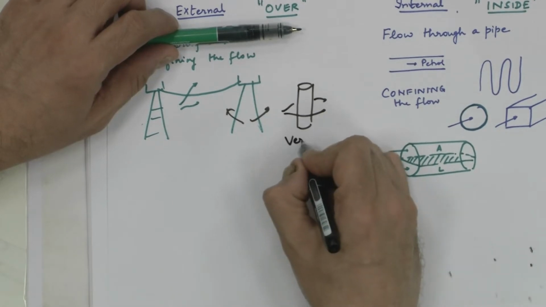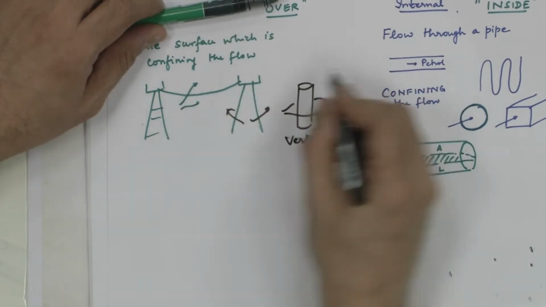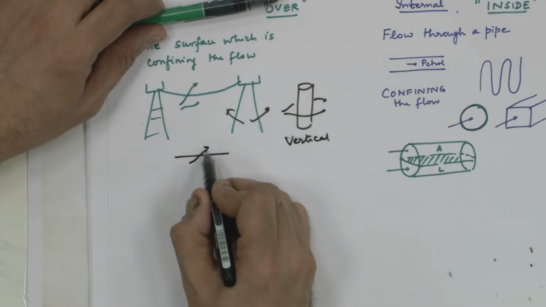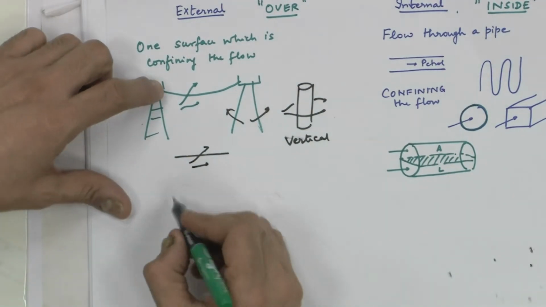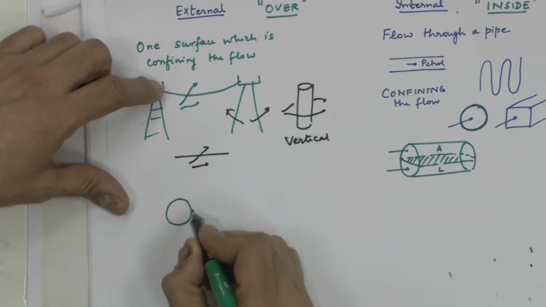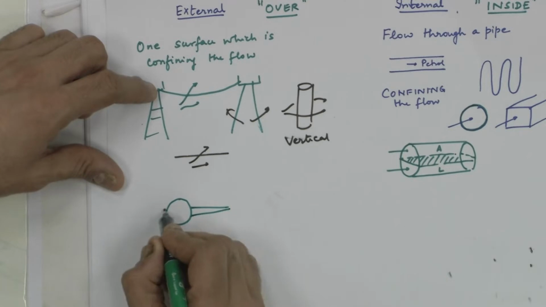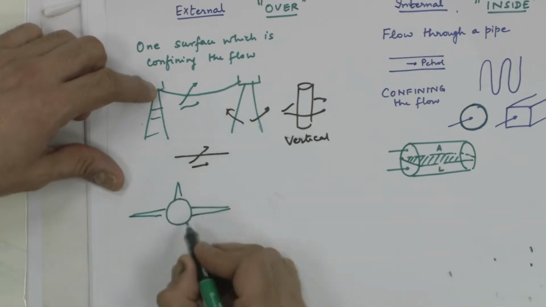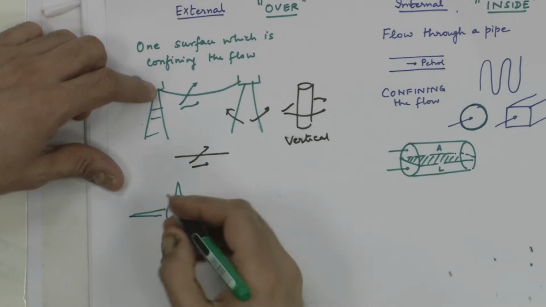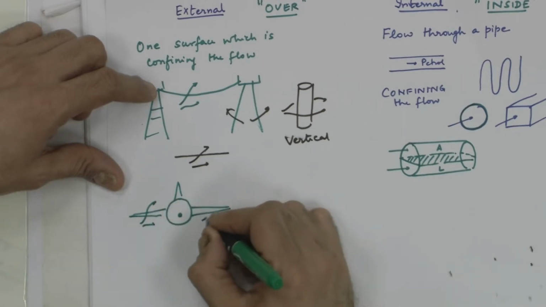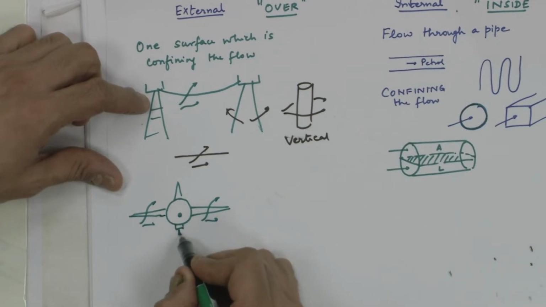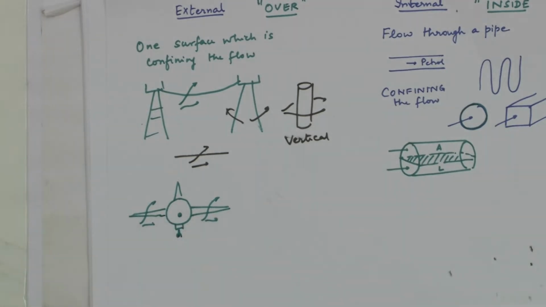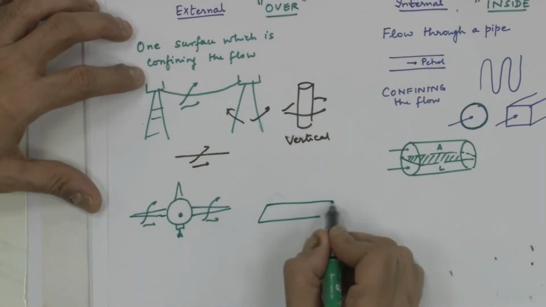So, this is a vertical cylinder, this is a horizontal, or wire is like this, flow is happening like this. So, this is external flow. Then if you think of an aircraft, a very common example, the aircraft is coming out of the plane of the paper, and that means the flow of air is over the wings. It is equivalent to a stationary aircraft having a flow of air induced over the wings. So, this is like a flat plate.